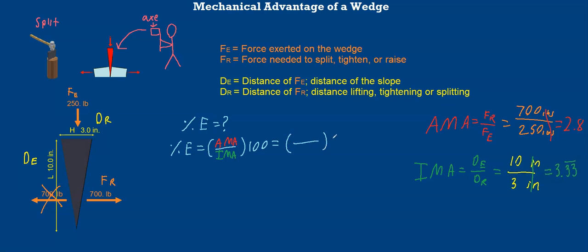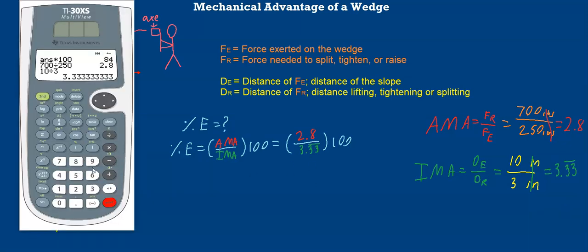We can just plug in those numbers and multiply by 100. For our AMA, we got 2.8, and then we'll write 3.33 repeating for our IMA. To figure this out, we'll pull out our handy-dandy calculator. I'm going to type this in exactly as written. I'll hit the parentheses button and the numerator over denominator button to get this sort of fraction, and type 2.8 on top.